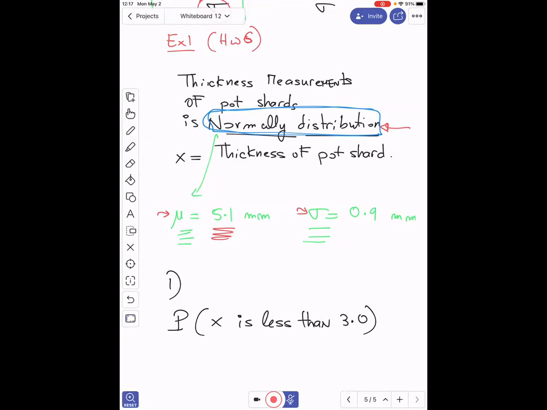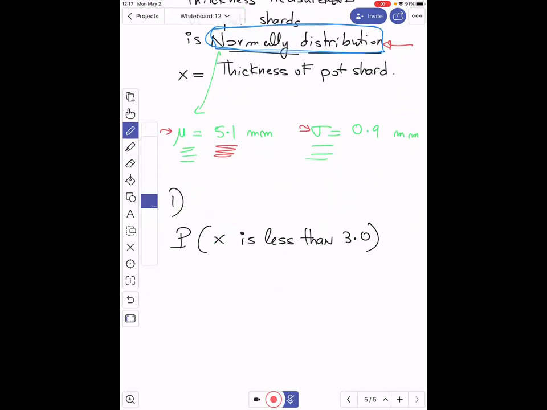The symbol for less is this, so that would be x less than 3.0.